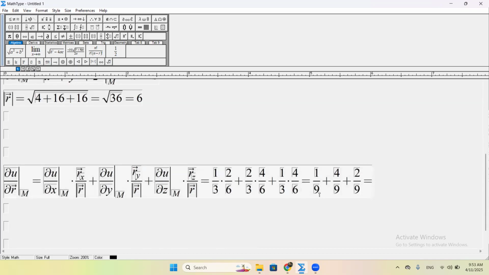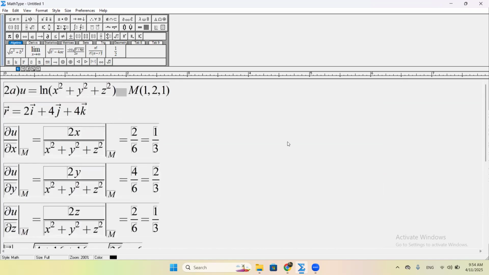So it will be equal 7 over 9. So calculated it. Any questions about this exercise? Okay, I guess that no questions.